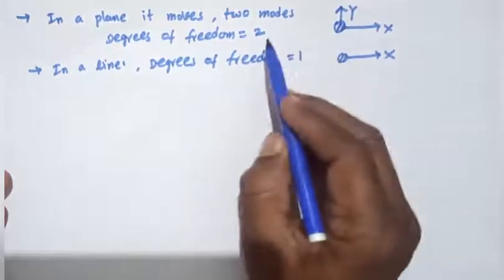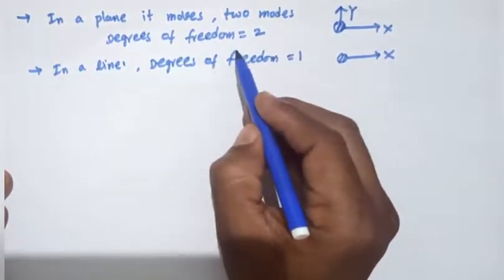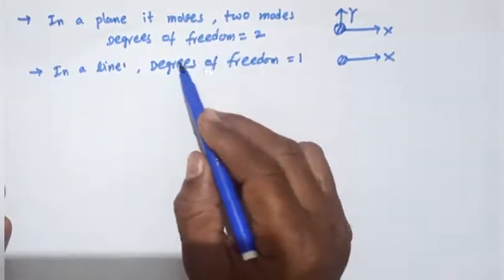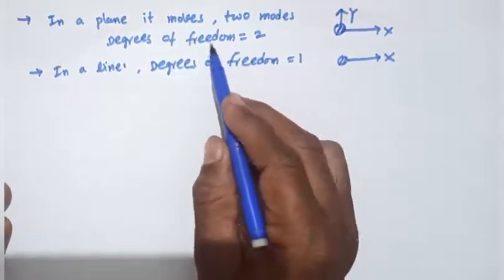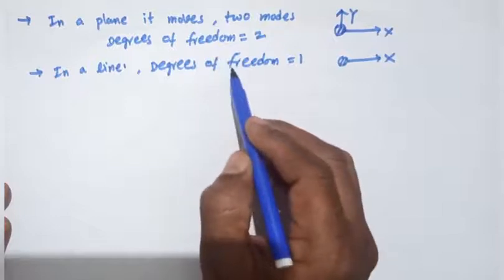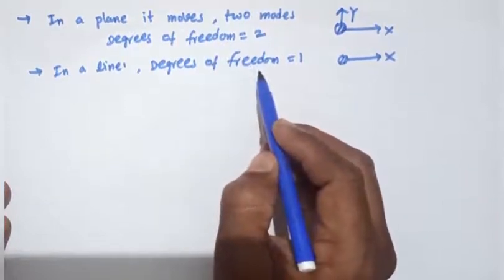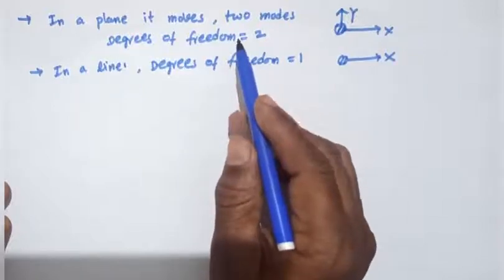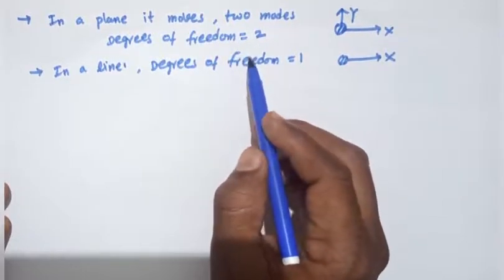So the degrees of freedom is nothing but the number of velocity components that describe the motion of a molecule.